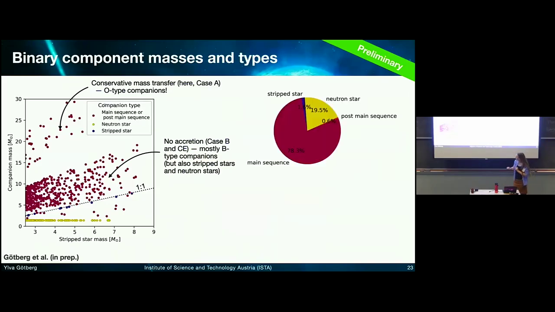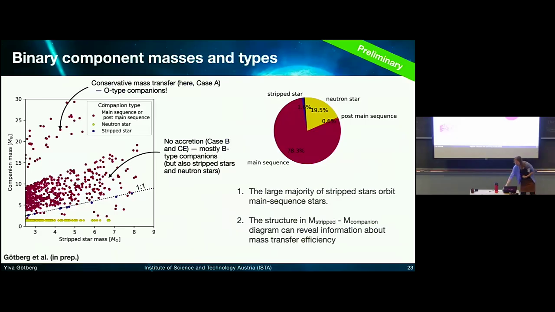In fact, if we look at the different types of companions, maybe it's slightly optimistic with the neutron star companions here, but we can discuss that. The large majority of stripped stars orbit main sequence stars. I guess we already guessed that. What I want to point out is that this diagram shows structures.